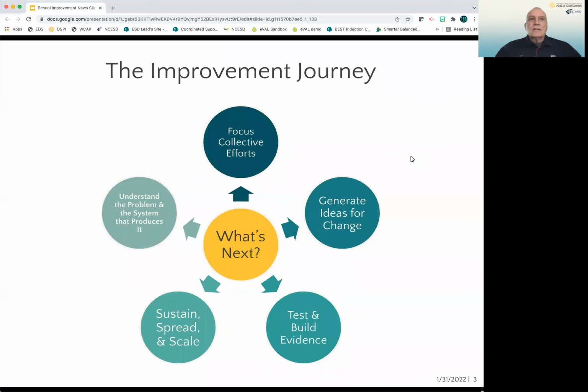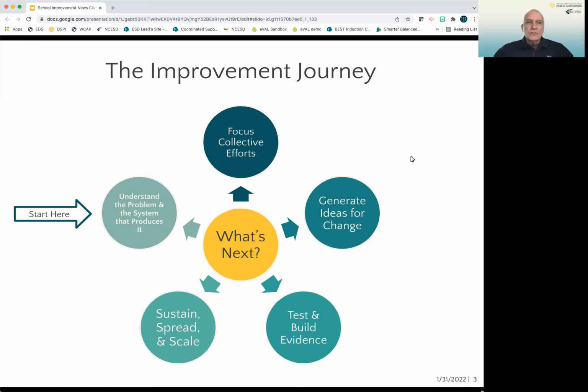In order to focus on collective efforts, we advocate for an improvement approach that might look something like this. First, start with a deep investigation of your school's systems, looking to identify the potential root causes of your problems. Bring together the right teams to address specific problems and focus their collective efforts around a SMARTY goal.